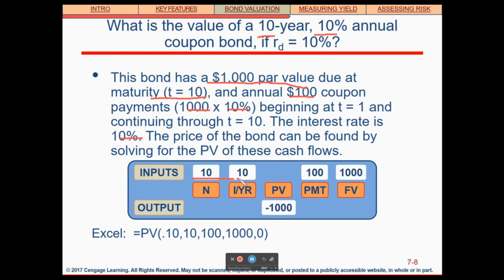You're going to put your coupon interest payment, which we computed as 100, as your payment, and then your par value of 1,000 as your future value, and you compute for your present value. That will give you 1,000.